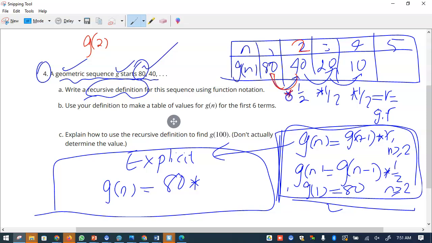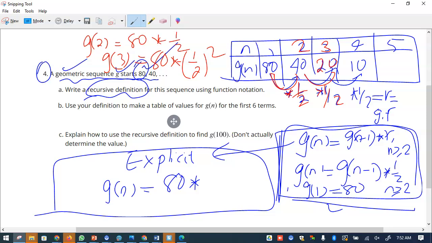So 80 times 1 half, right? If I want to know how you got this 20, that's because for G of 3, you start with 80 and then you multiply another half. So there are two halves multiplied, so it is like half squared. See? Watch this trend there.